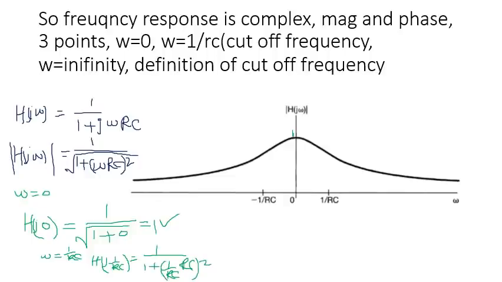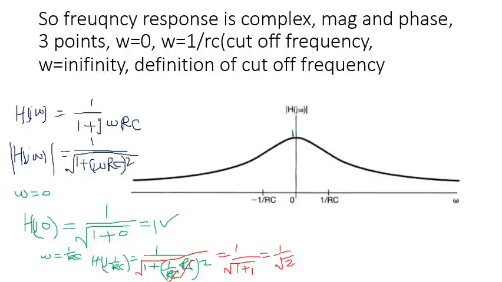Whether the frequency is positive or negative, because of the squaring we get the same value. So this is 1 over the square root of 1 plus 1, which results into 1 over square root of 2.